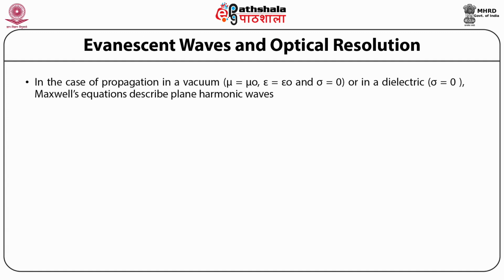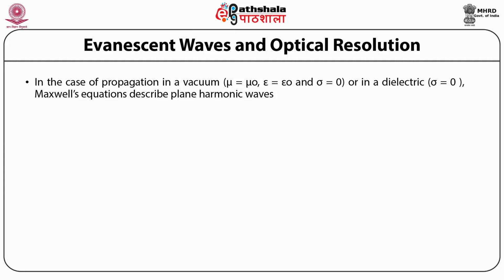In the case of propagation in a vacuum, we know mu is equal to mu naught, epsilon is equal to epsilon naught, and conductivity sigma is equal to 0. Or in a dielectric, also we know sigma is equal to 0.